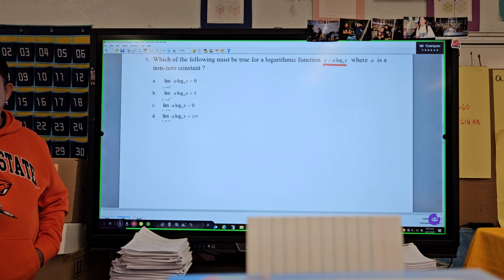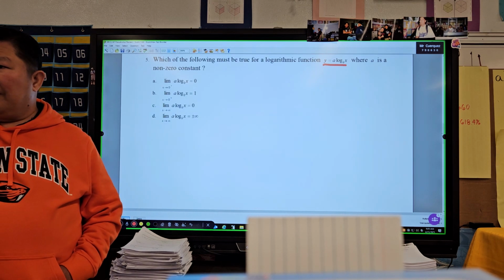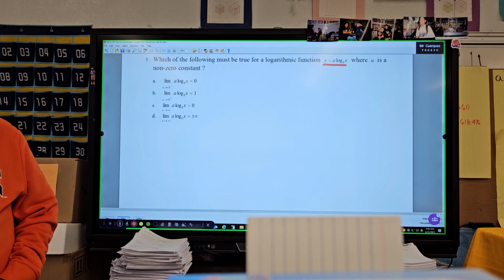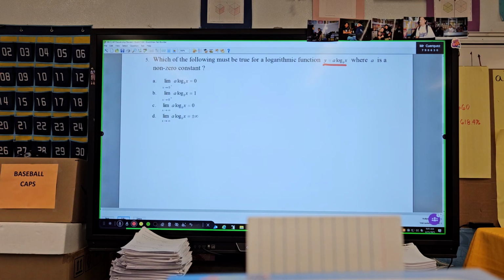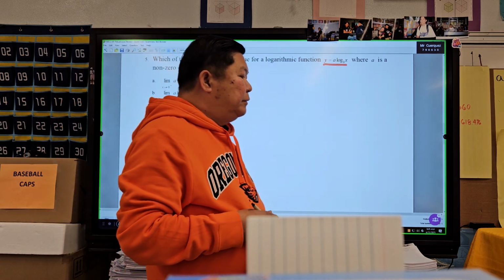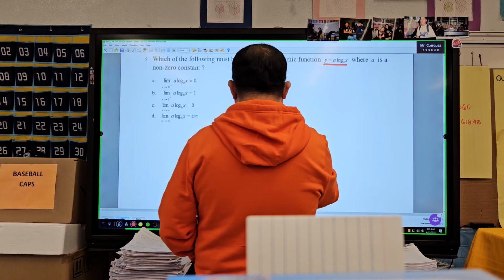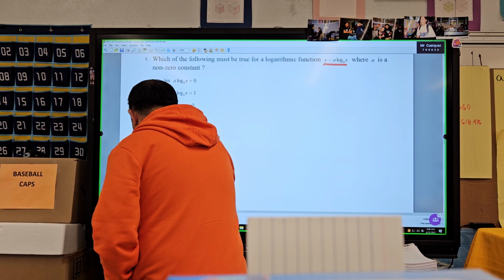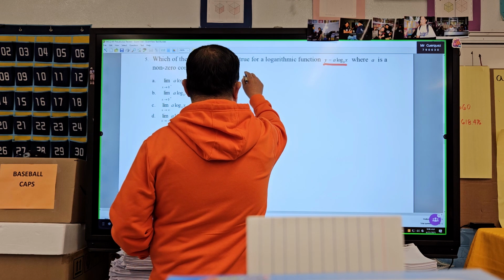So, any idea about the graph of a logarithm? Okay, let's take a look at the graph. I'm going to share 2 graphs right here for us to analyze.